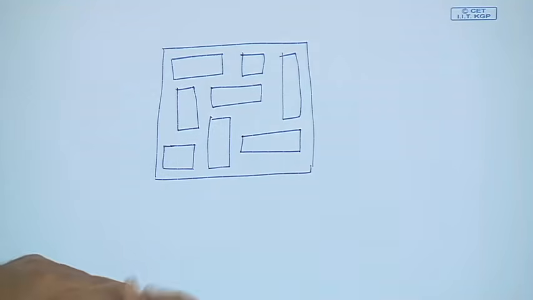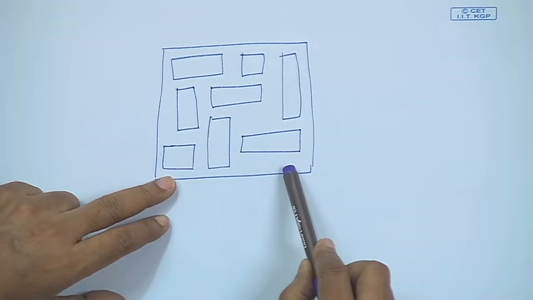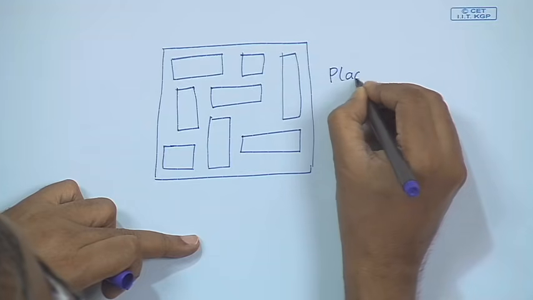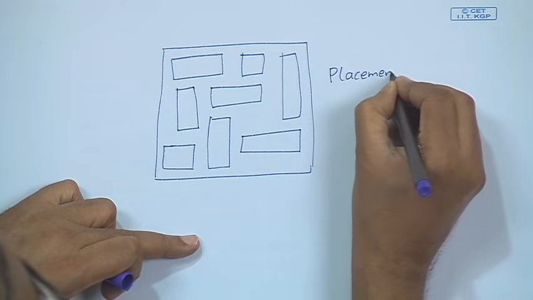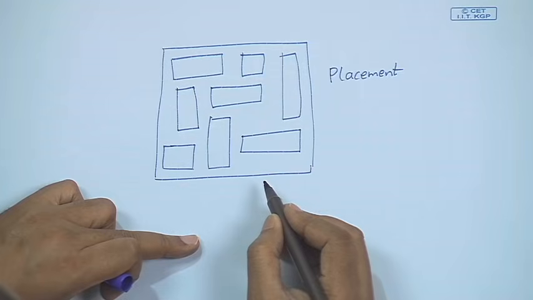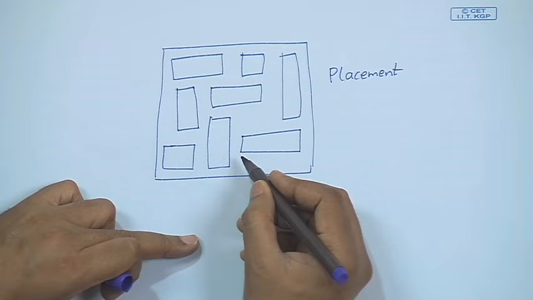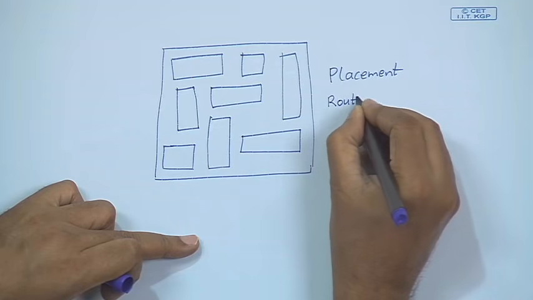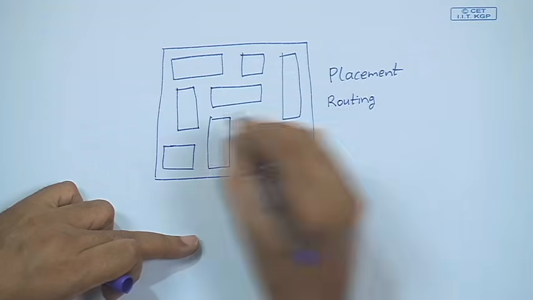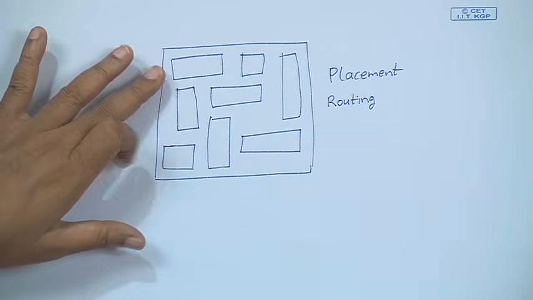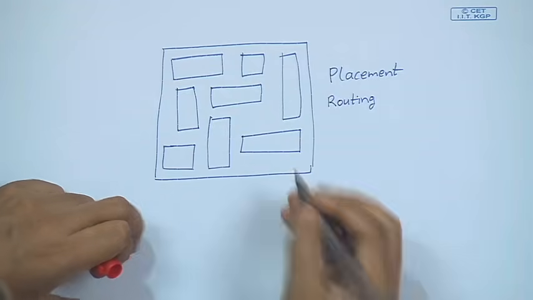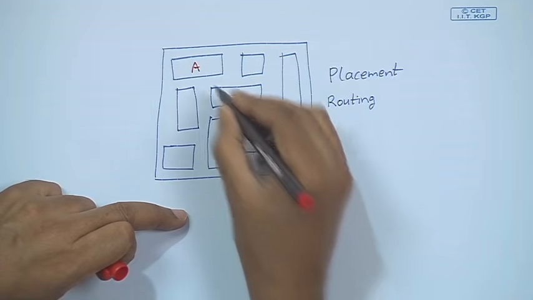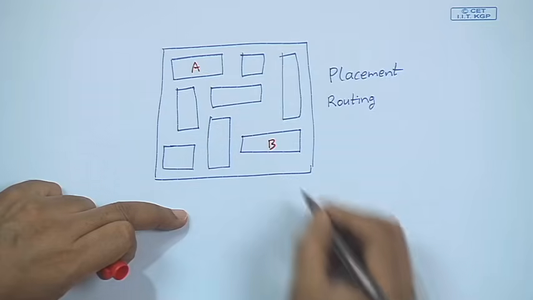So, you can see that here the problem is much more difficult. Here some very important problems pertain to placement of the blocks. How to place the blocks, or in what way should I place the blocks so that my interconnection, which is called routing, becomes easier. Because say I may place in one way, let us say a block A and a block B here, they have a large number of connections between them.